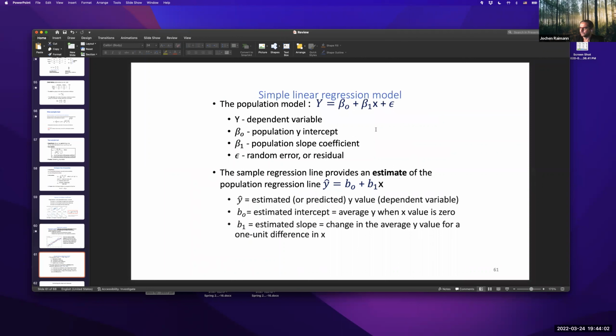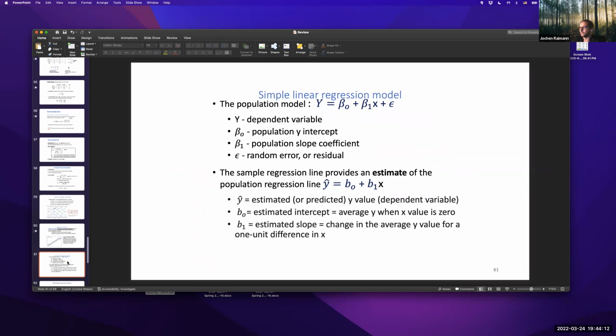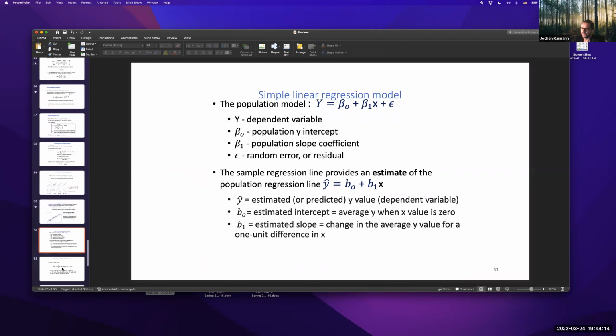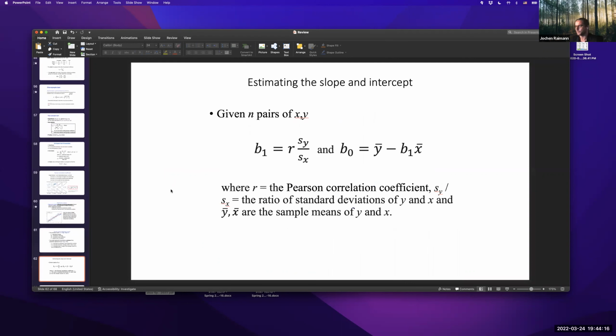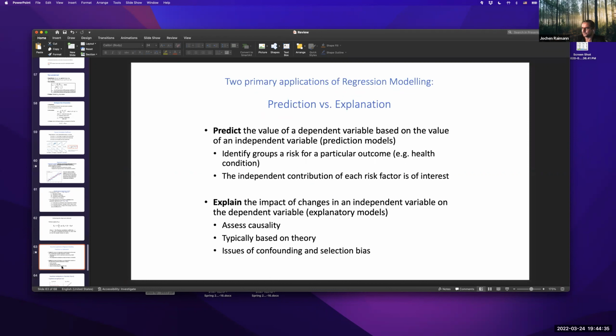The error term is contained in the residuals, the squared deviations from the linear function. But this is something that you do in the next class of biostatistics. You can also calculate both the slope and the intercept based on the correlation coefficient, which will be discussed in more detail in the next classes.